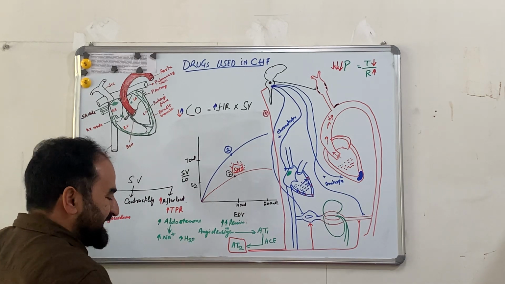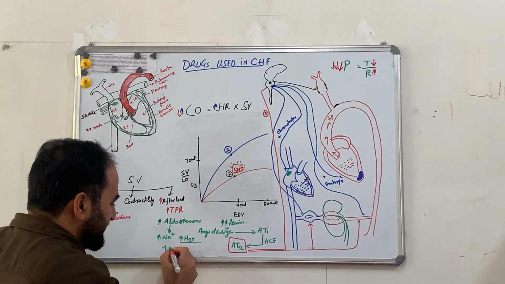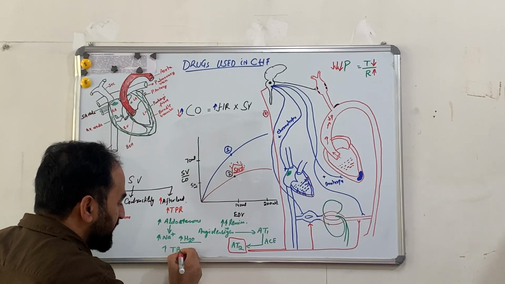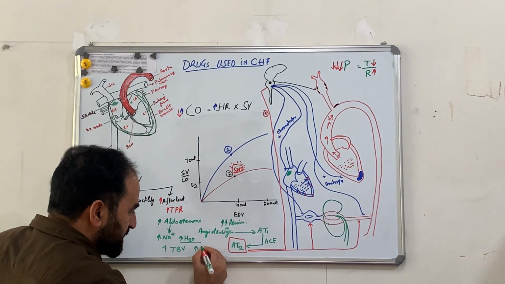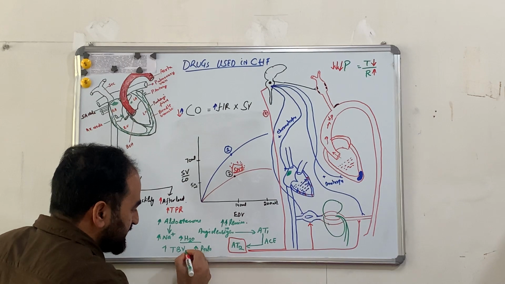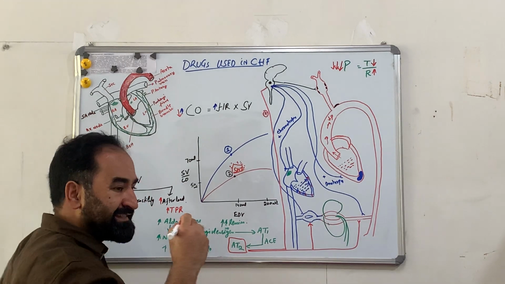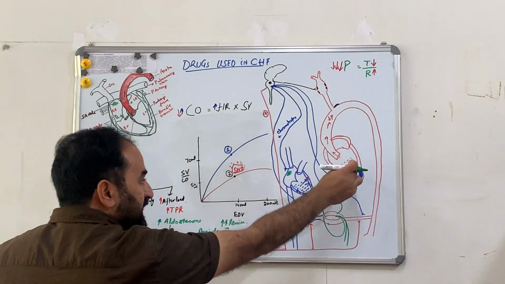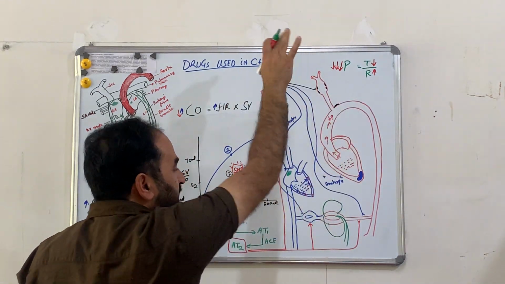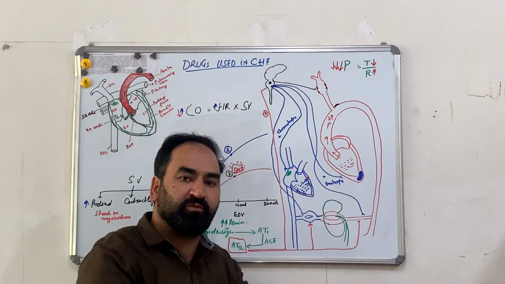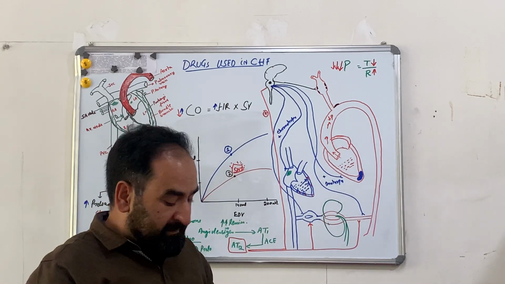When you increase the water, you are increasing the total blood volume, which increases the preload and the end diastolic volume. You are increasing the radius more and more, which means you are decreasing the cardiac output and decreasing the pressure.